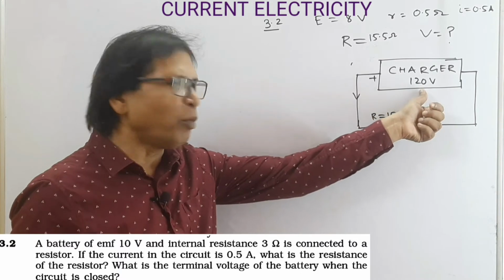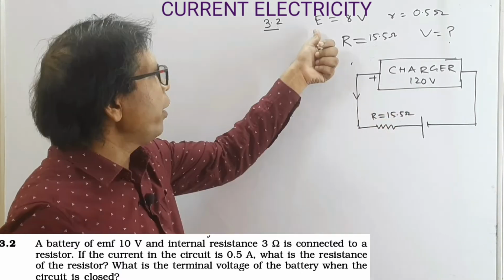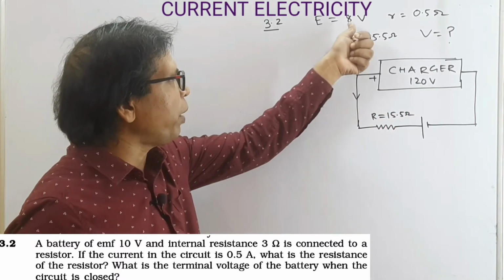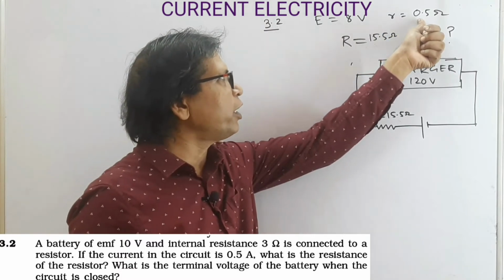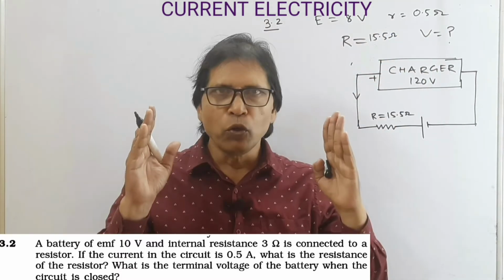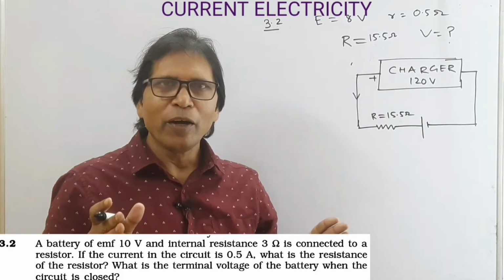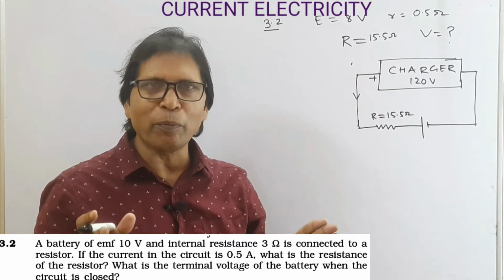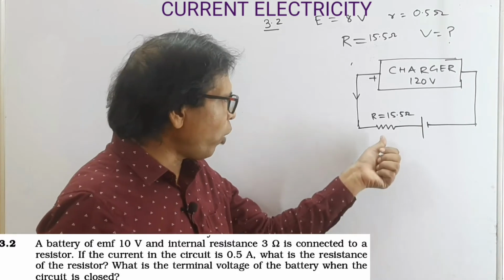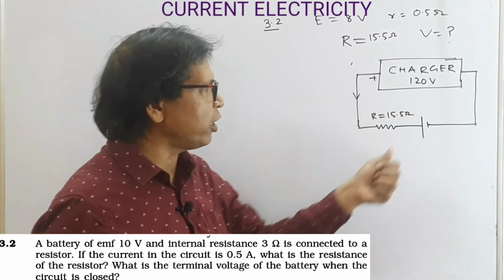Now next, look at this. This is the charging voltage 120 volt. Now a cell of EMF 8 volt and internal resistance 0.5 ohm will be charged with this charger. Now find the terminal potential difference and what is the use of this resistance.